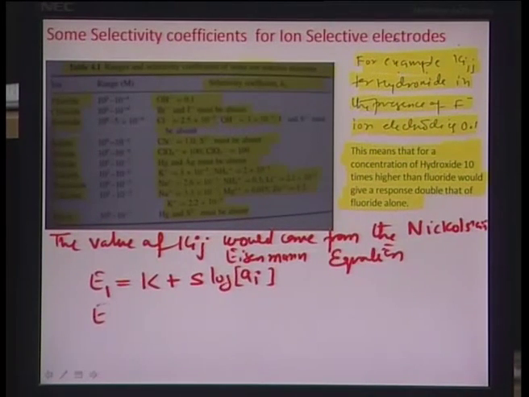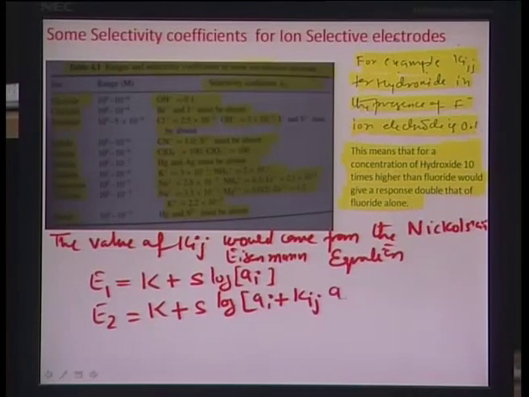When we add a secondary ion, let us say J, with a selectivity coefficient Kij, E2 can be represented as K plus S log of AI plus Kij Aj to the power of n by z. Okay.